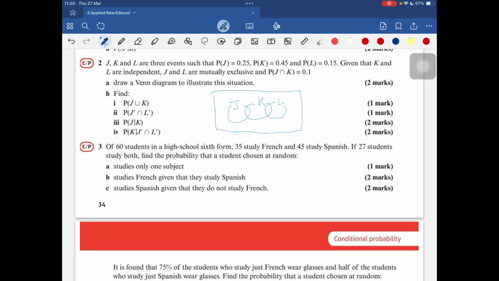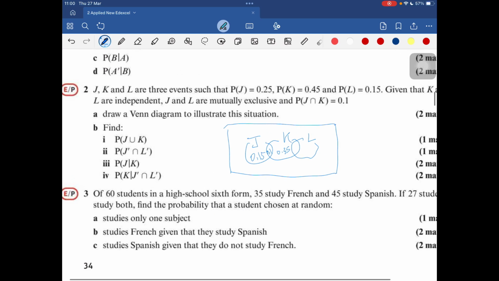They have no intersection. So now we can make it. This is 0.1, J is 0.15, 0.35, and L is 0.